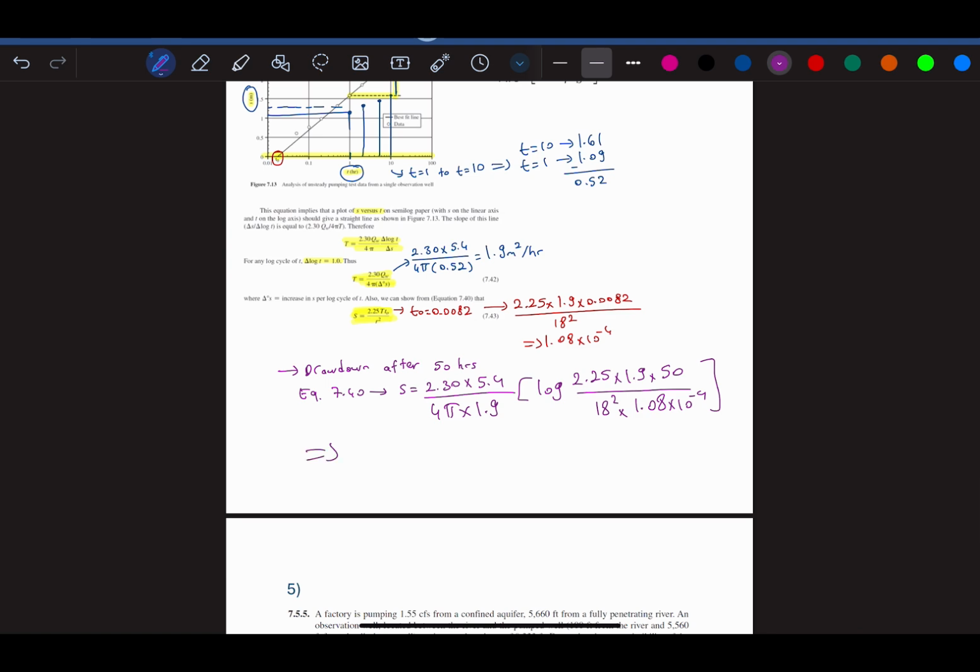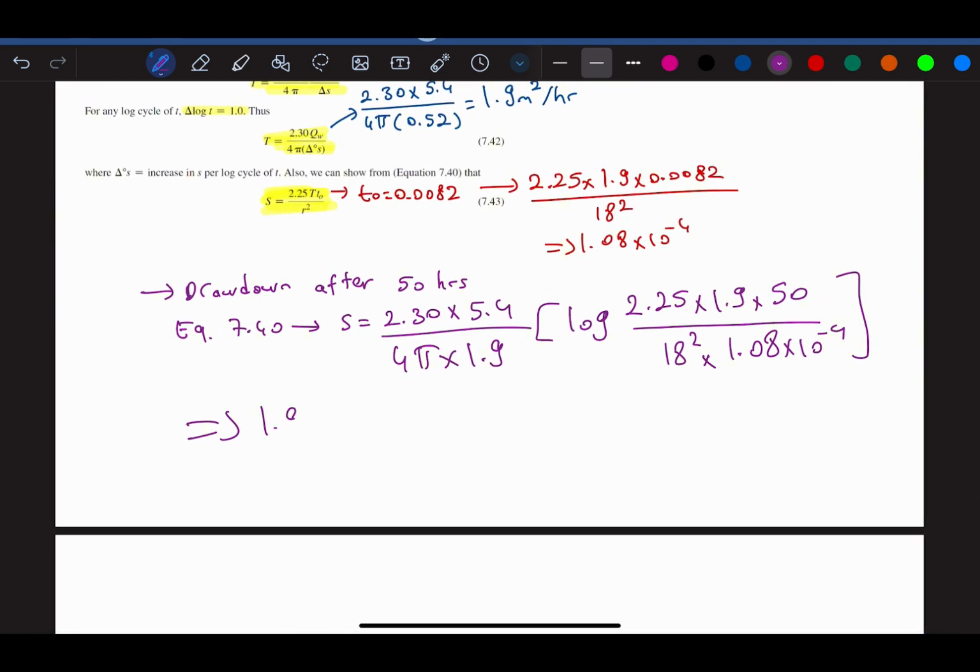And as a result, this is going to give 1.9897 meters.